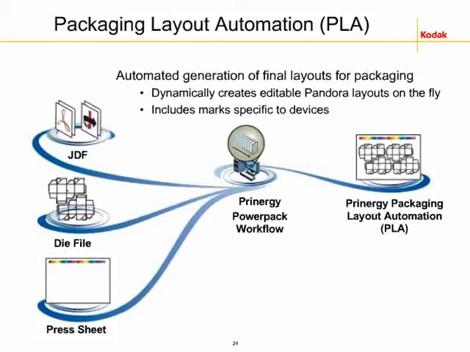The TLA system is an automated layout system, and it's developed kind of as a combination of the RBA system and some of the other technologies we've been developing. And what it's doing is it's actually using the Pandora engine for step and repeat, but instead of having to use a GUI interface where the operator actually intervenes and controls how the layout is made and stepped and laid out, it actually will take instructions that you can create, and it will create a layout based on the instructions you give it.